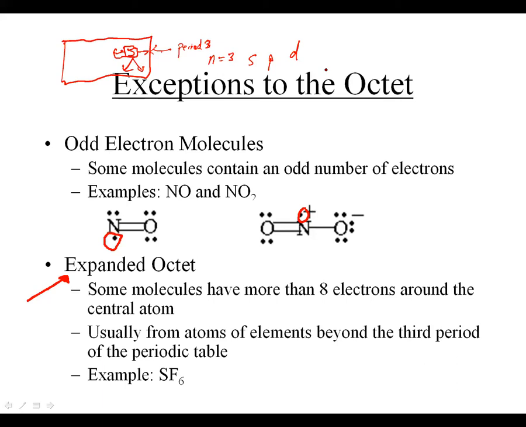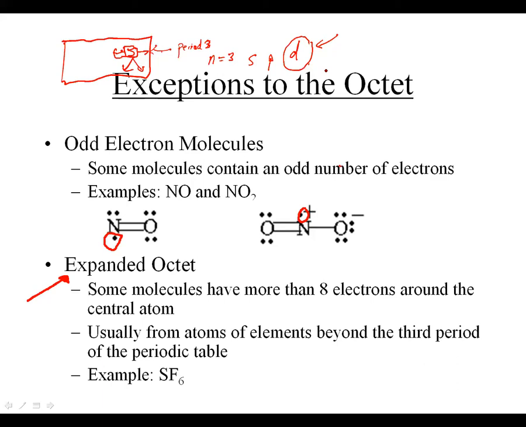And remember that although they may not be using those d orbitals, because they do have them available, they're able to stash those extra electrons up in the d orbitals. So very commonly something like sulfur, and again, if you look on the periodic table to the right and left of sulfur and down, they have that ability to go above 8, and they're perfectly fine with that. And that's the expanded octet. And again, that's one that you'll probably see the most as you continue on in chemistry. You see it a lot in the first semester general chemistry class.